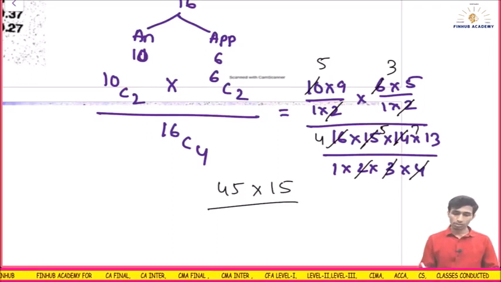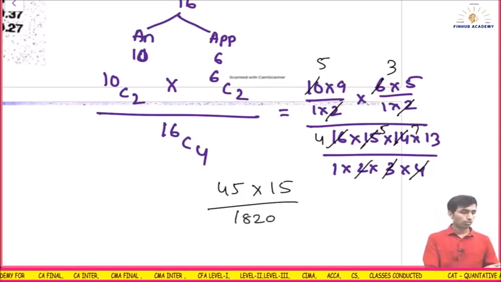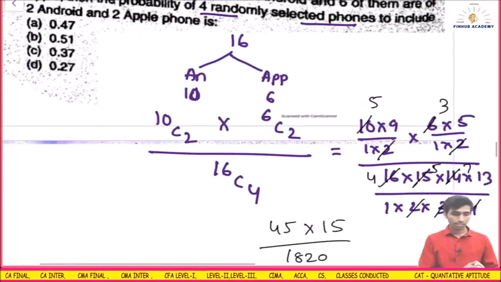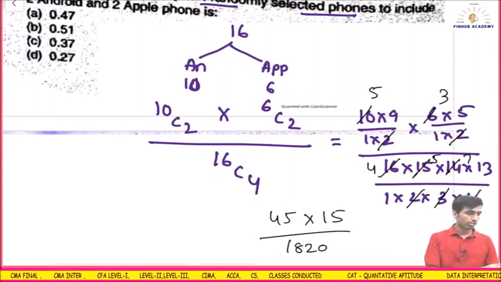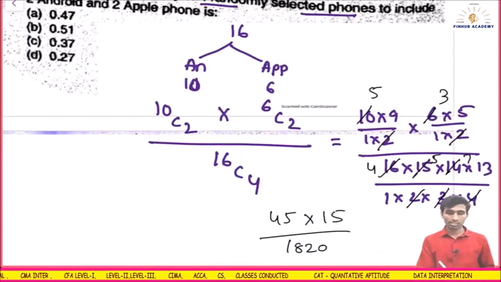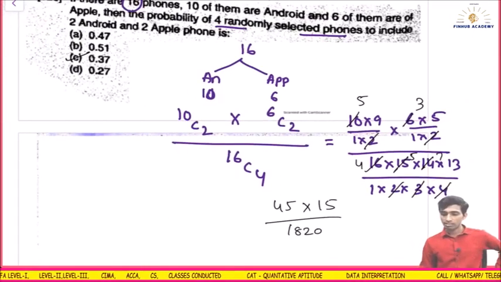Denominator is 1820. So 45 into 15 divided by 1820. The answer is what? 0.37. Obviously I will not keep on cancelling the things. The answer is 0.37.